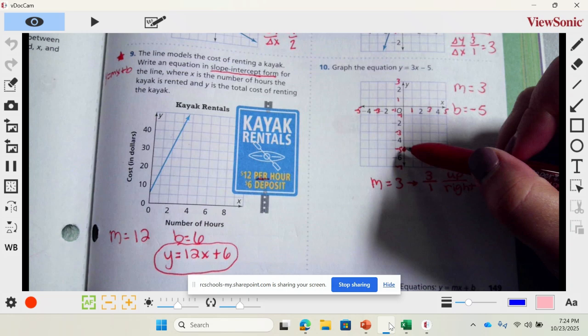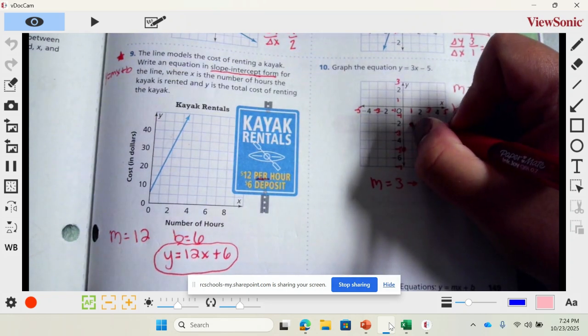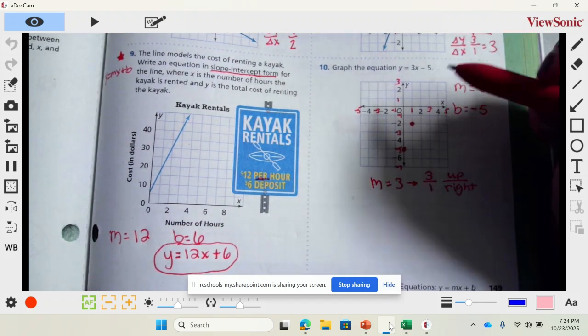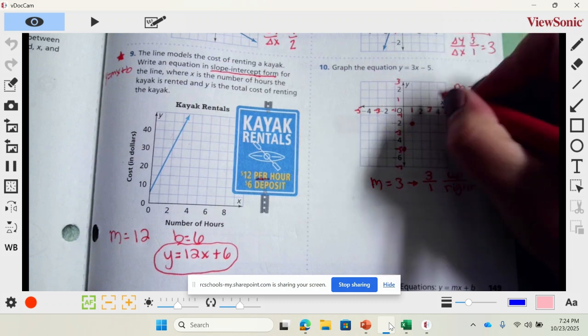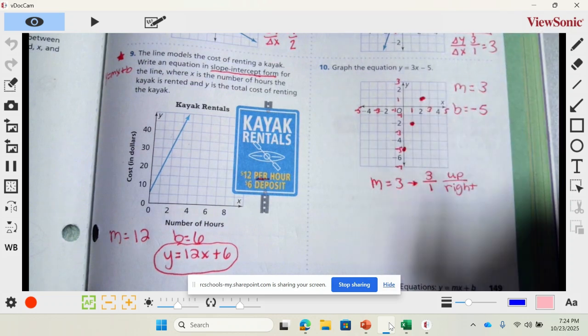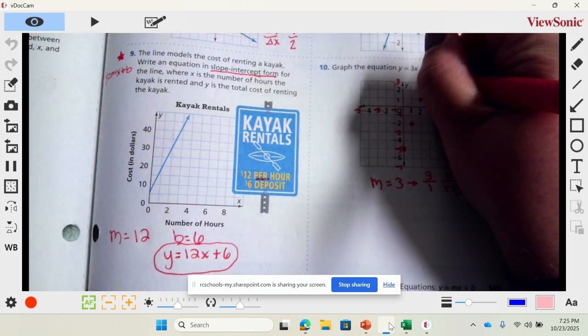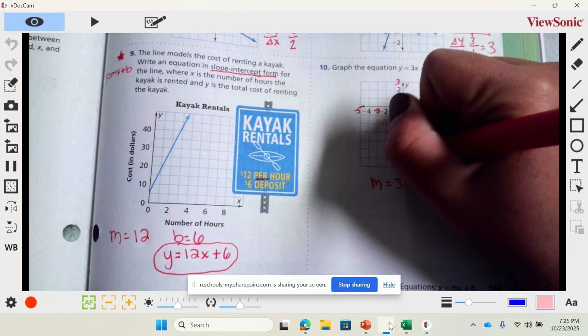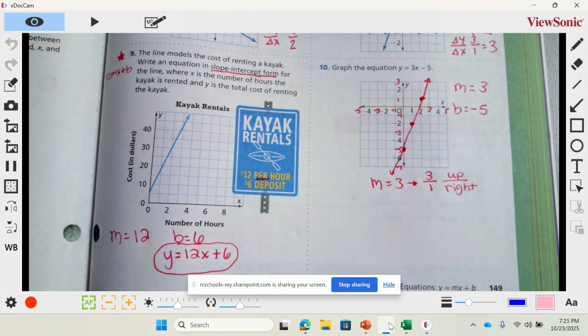So we're going to go up 1, 2, 3 and right 1. Can I go again? Yep. Up 1, 2, 3 and right 1. Okay, 1, 2. Oh, nope, I can't go up anymore. So those are going to be our points. And then we can go ahead and connect them with our line. And it should look like so.